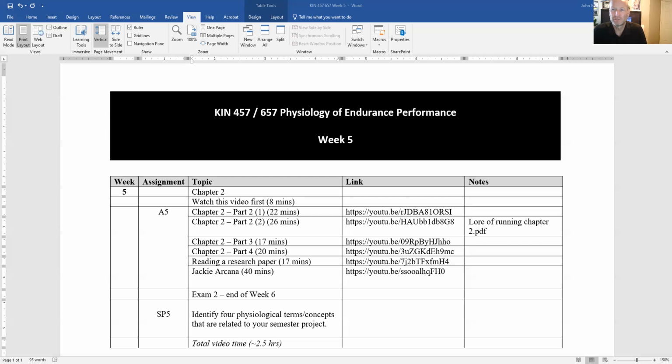But yet the two terms actually give us really distinct information, or let us see submaximal exercise from different perspectives. From the running economy perspective, it tells us how fast we're using calories. From the energetic cost of locomotion perspective, it tells us how many calories we're using to cover a distance.